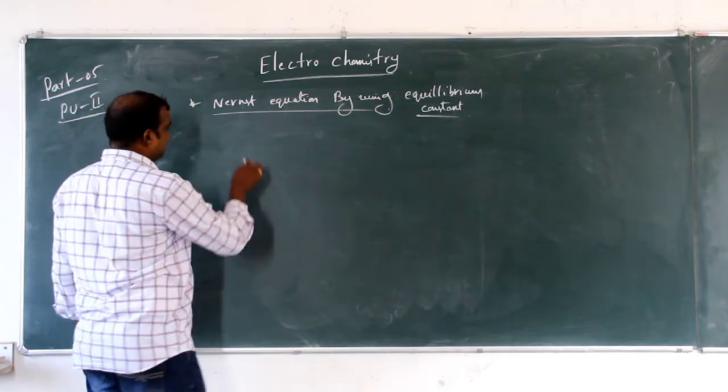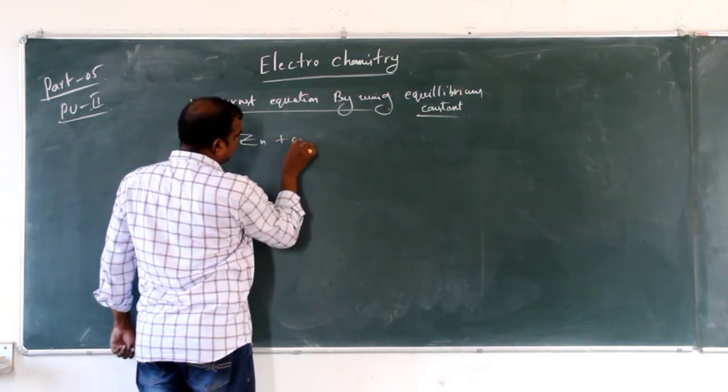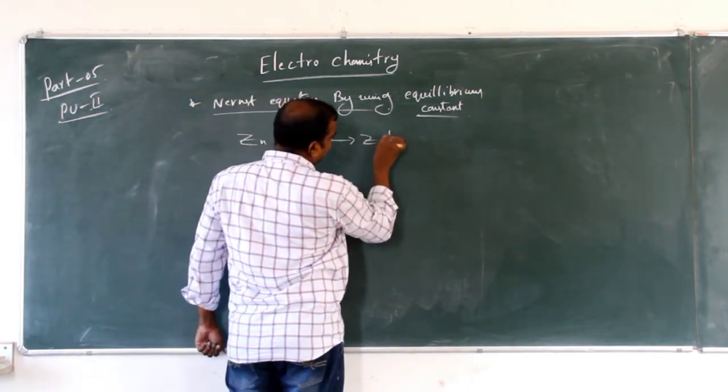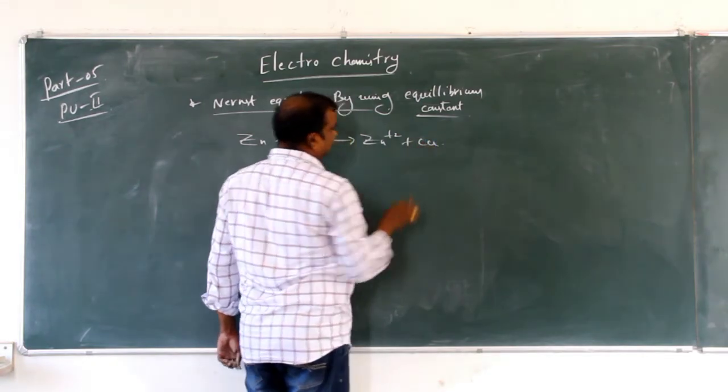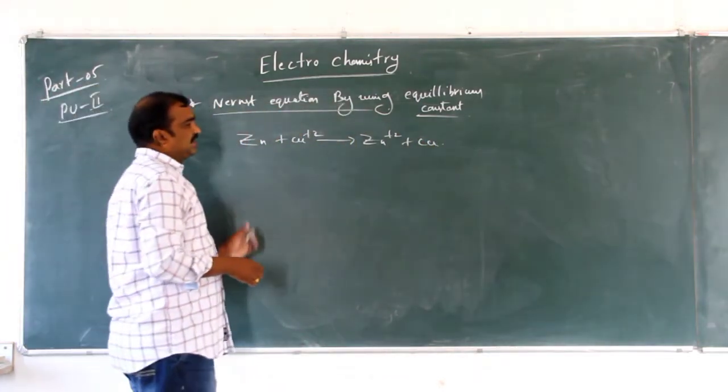First, if you take a Daniell cell, what reaction will happen? Zn plus Cu2+ gives rise to Zn2+ plus Cu. This is the Daniell cell.